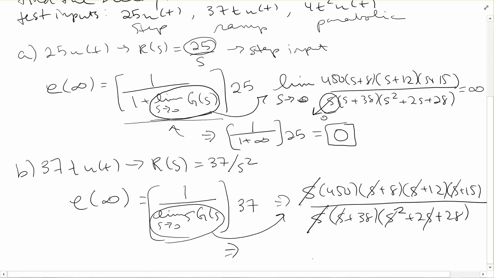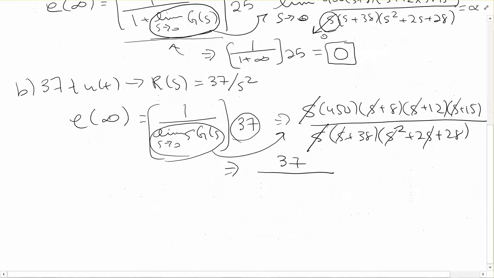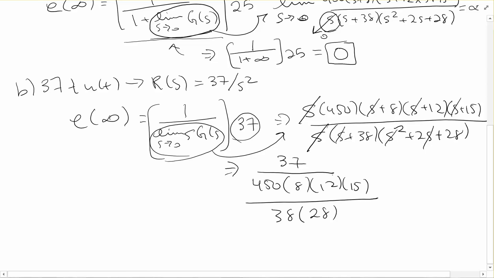Okay? So what we're left with then, we've got this 37. And then the denominator is going to be 450 times 8 times 12 times 15, and then that's going to be over 38 times 28. So let's make this bigger. Okay? So now we've got a bunch of numbers.